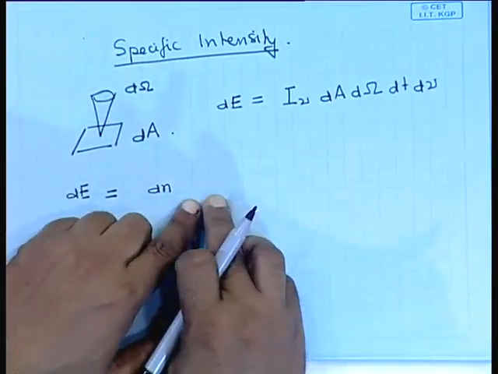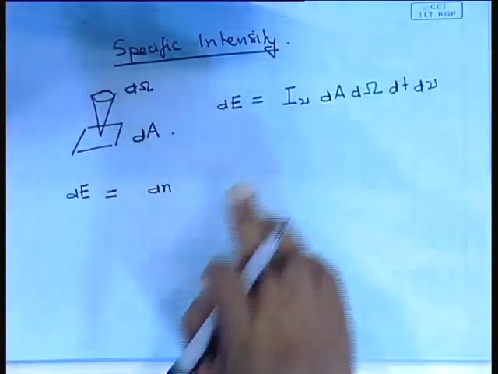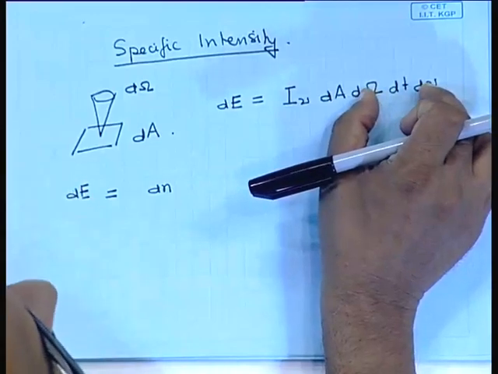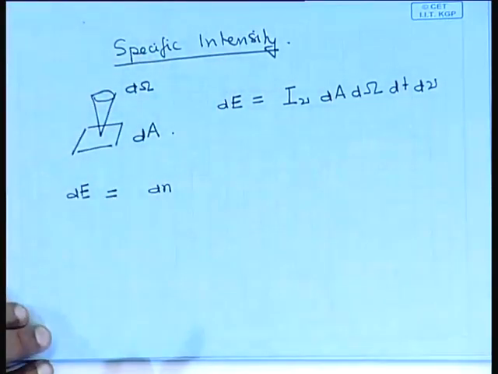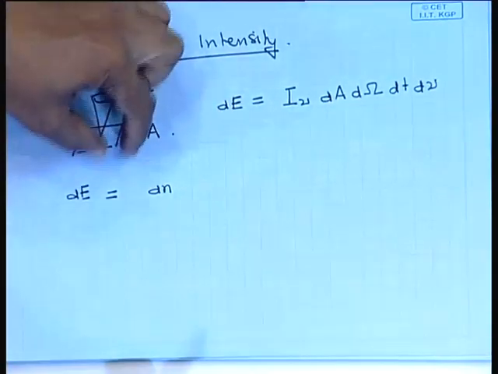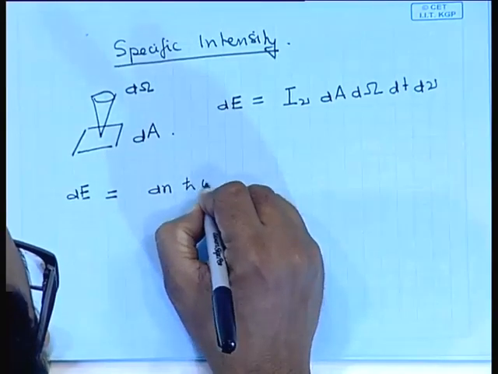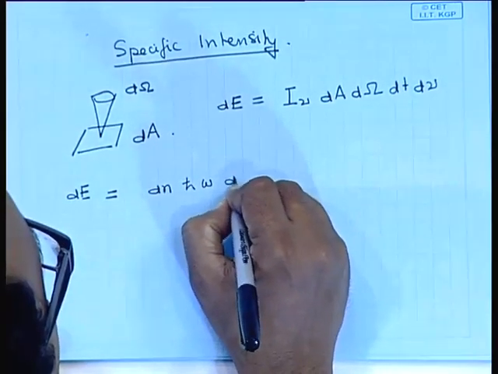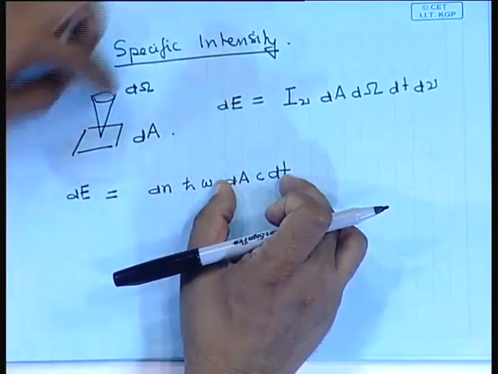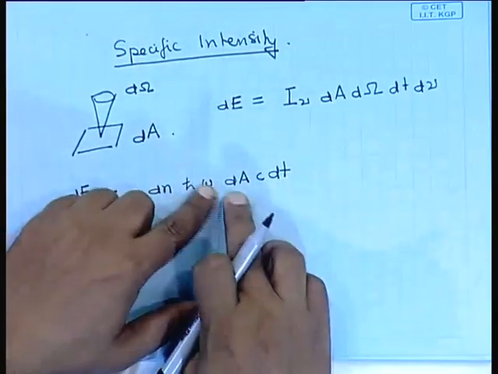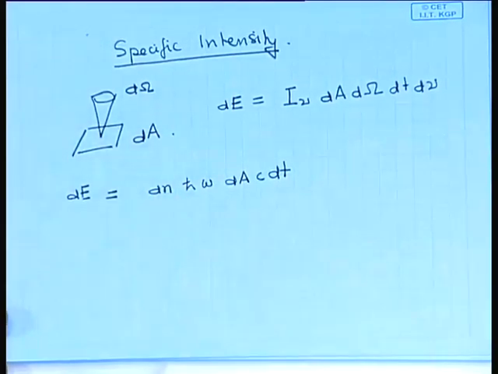This is the energy in the frequency interval d omega, all these. So, these two factors are already taken care of. The question is, in a unit time, how much energy will cross this area dA. Since the photons are moving at a speed c, we can say straight away that this is going to be h cross omega into dA c dt. So, all the photons in this volume are going to cross through, that is the energy that will pass through in a time dt in the area dA, and this is the number density of photons. So, I have to multiply it with the energy of each photon.